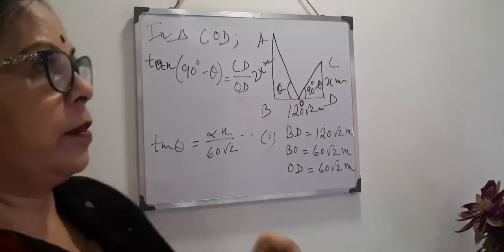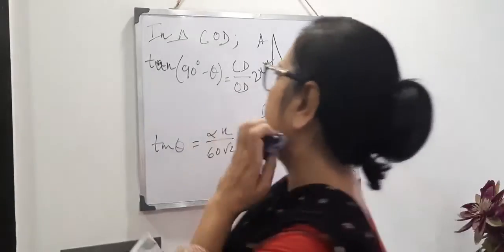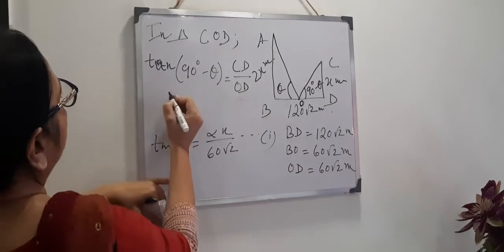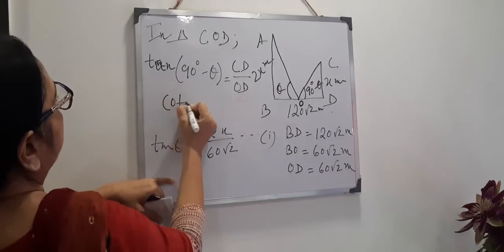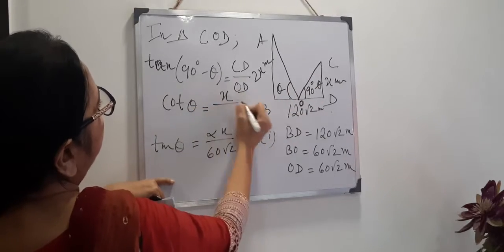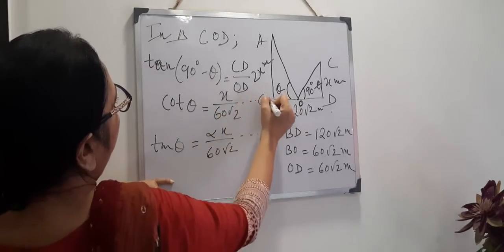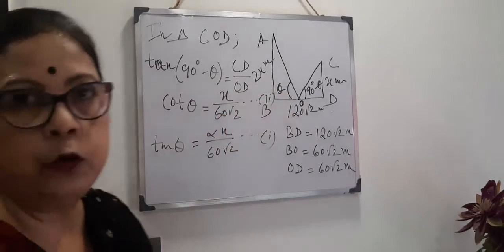Tan 90 minus theta from complementary chapter you know, that is cot theta. So it is coming cot theta. Cot theta equals to CD, we have considered x, and OD is 60 root 2. This is my equation number 2.